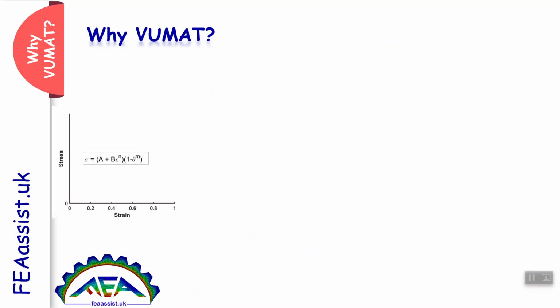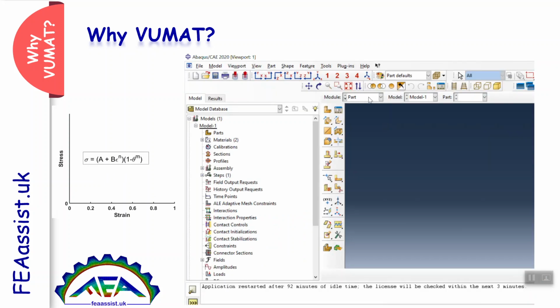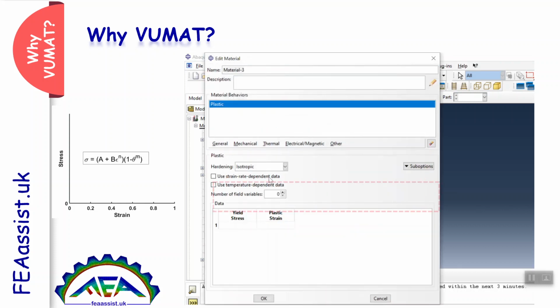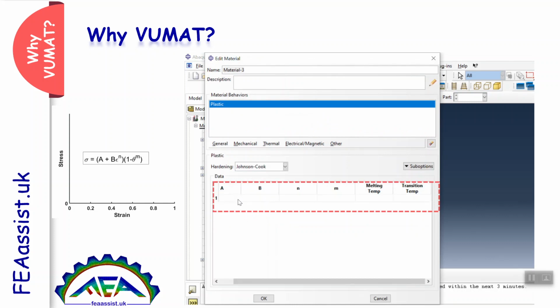If you want to solve your problem more precisely, then you need to have the constitutive behavior or constitutive equation of your material. Your material mechanically obeys some rules. If you have an equation and the equation is included in the Abaqus, then you can go to the Abaqus property, materials, mechanical, and instead of entering the points, define the behavior.